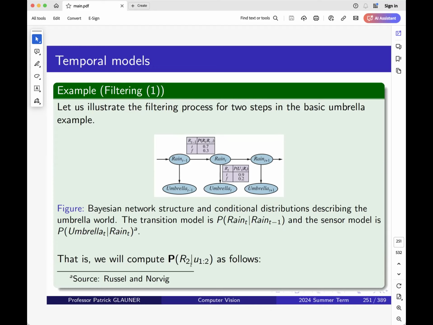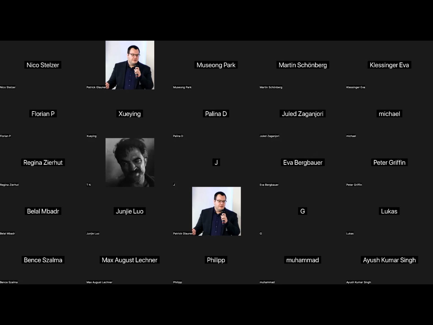And what I want to compute is the distribution of R2, so rain or no rain, given that we have seen the umbrella both in time slices 1 and 2. So we have seen the umbrella twice, and in time slice 2, I want to know the probability of having rain.